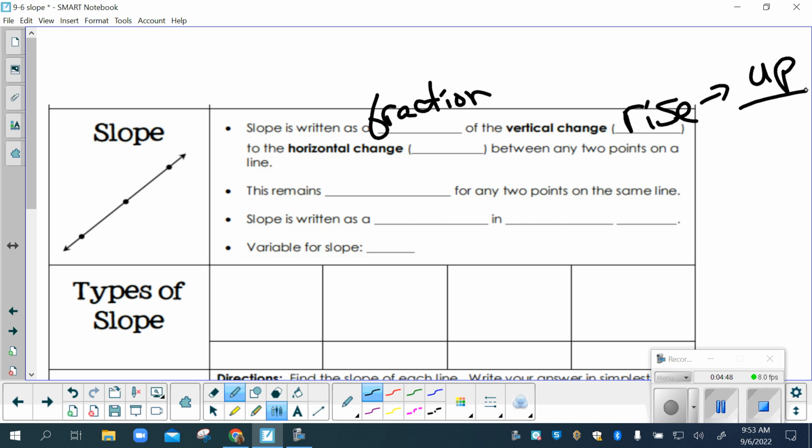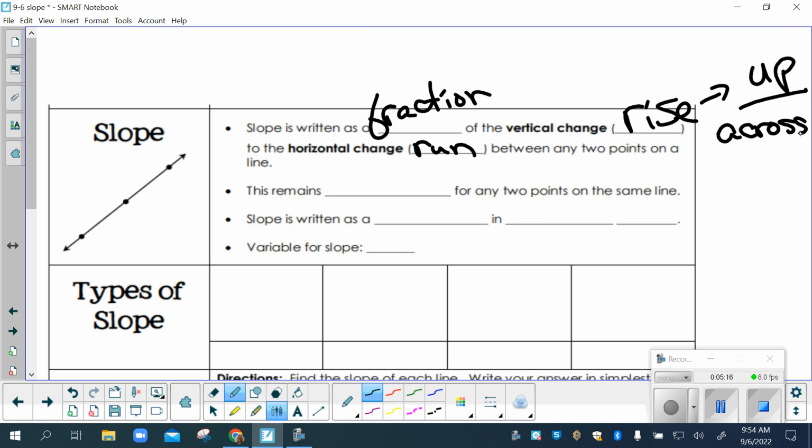And the scary word horizontal change, and the scary word that teachers use, run. Remember rise over run? Do you know what the better word for that is? Across. I don't know about you, up on top, across on bottom. And here's how I remember, it's up on the top because up goes up, right? So the up numbers go on the top, the across numbers go on the bottom, right?